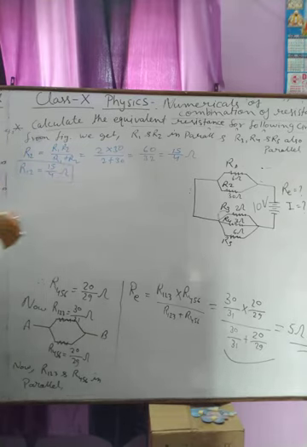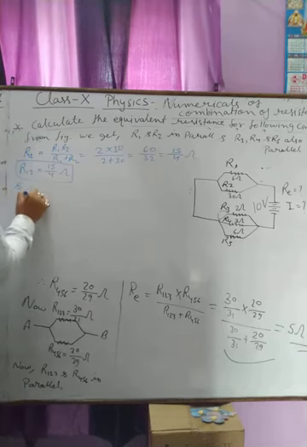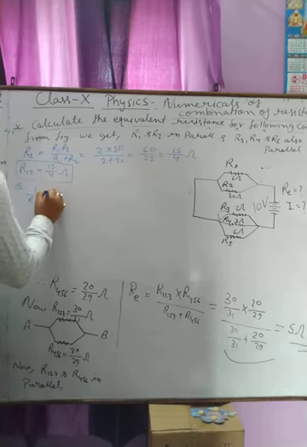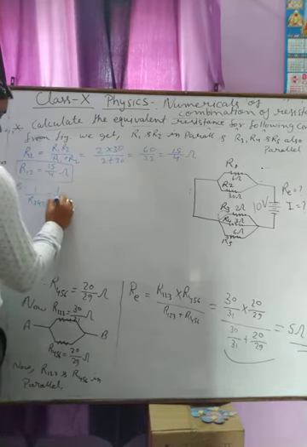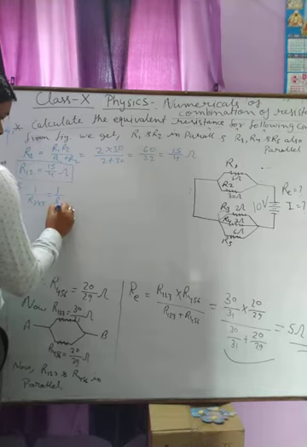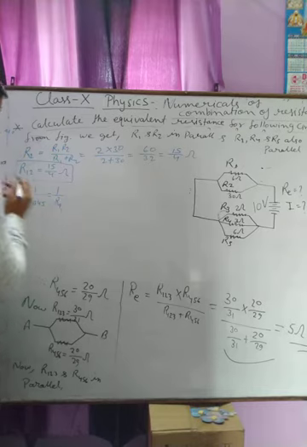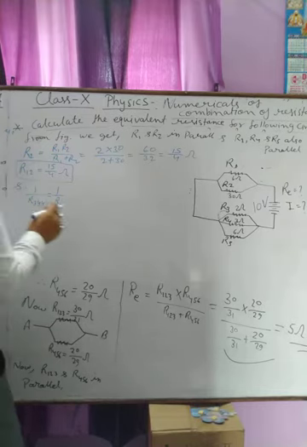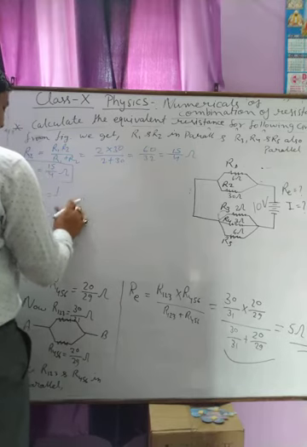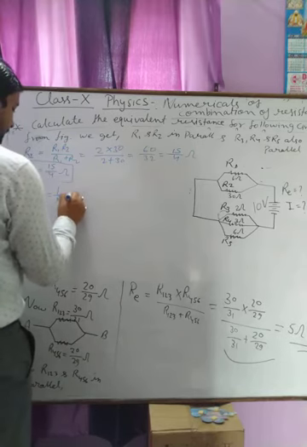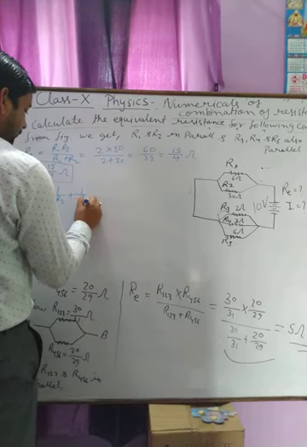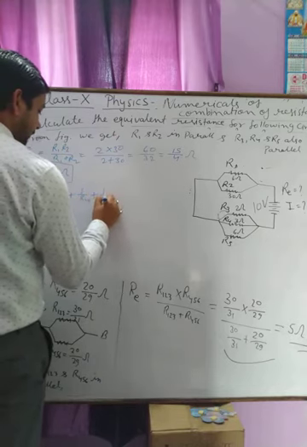This is first, and R3, 4, 5 we name it RP1. Okay, R3 we take. This is R3, R4 and R5.